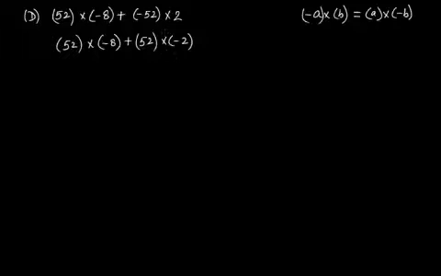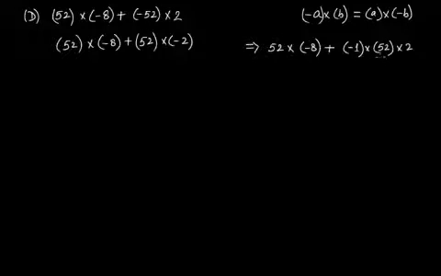For those who are getting confused in this one, though there's no point of getting confused here, you can still write it like 52 times this 8, and then you can write it like minus 1 times 52 times 2. What we did, we wrote minus 52 as minus 1 times 52, right? Both are the same thing, because if you multiply minus 1 with 52, you'll get minus 52.